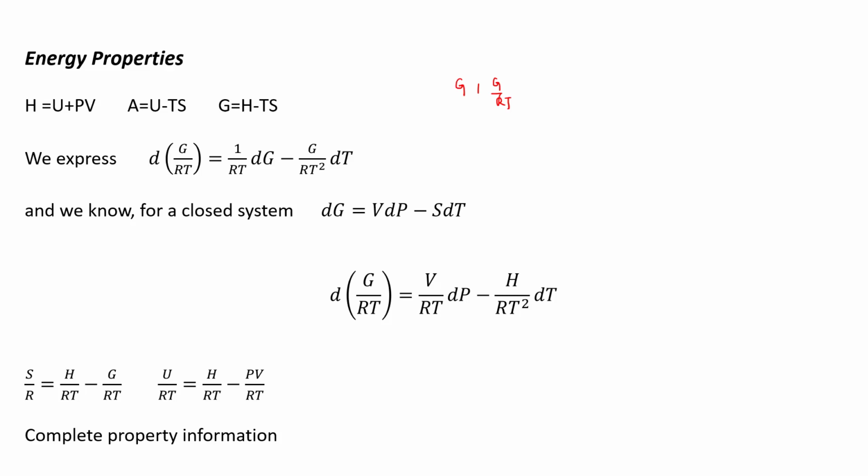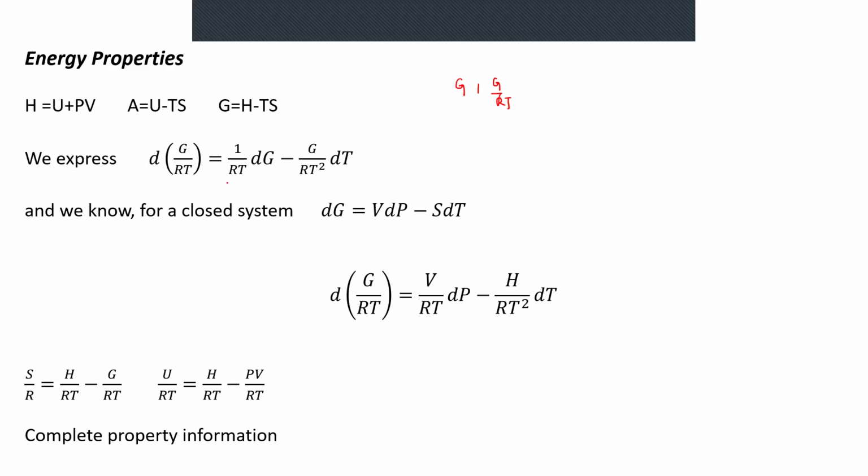Now, instead of G, we take the variable G by RT. Its differential is the total differential, defined once at constant temperature and once at constant pressure. We know dG is expressed in terms of dP and dT for a closed system like this. On substituting this here, we get 1 by RT of VdP.